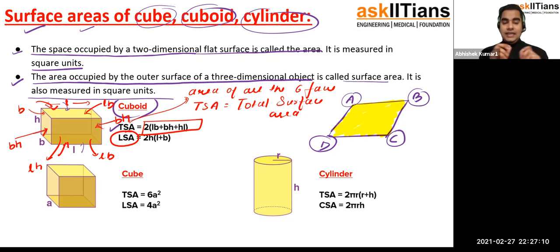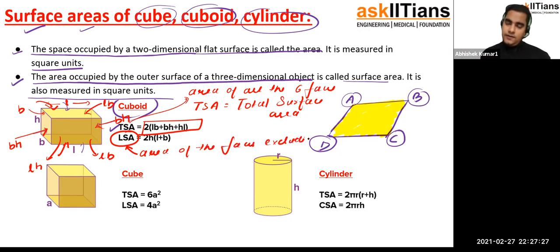Lateral surface area basically means the area of the faces excluding top and bottom. I'm writing here for your understanding. Area of the faces excluding top and bottom. All right.